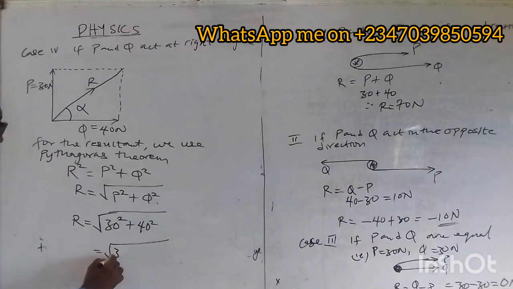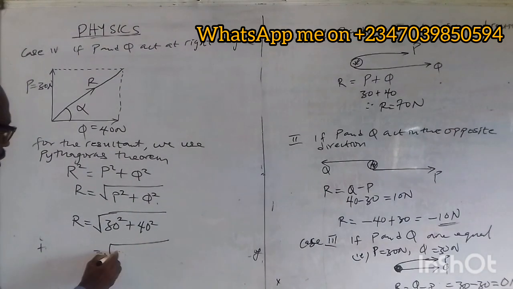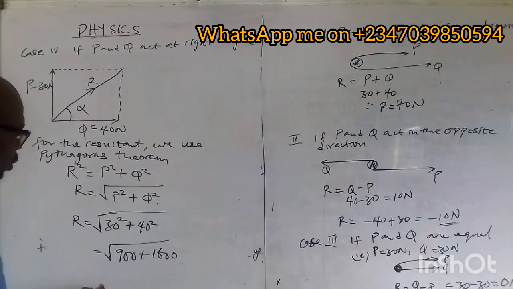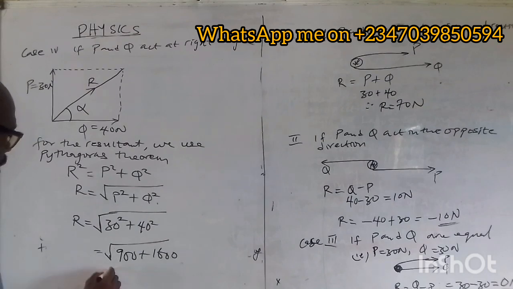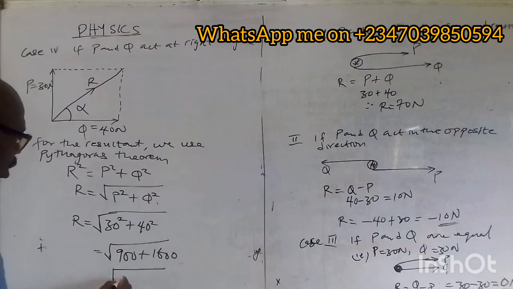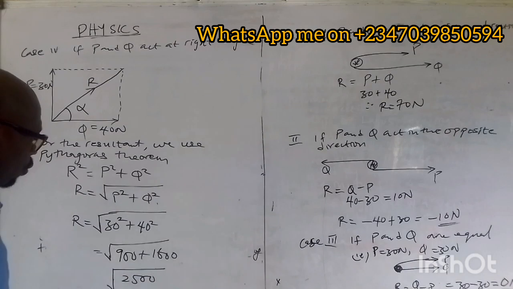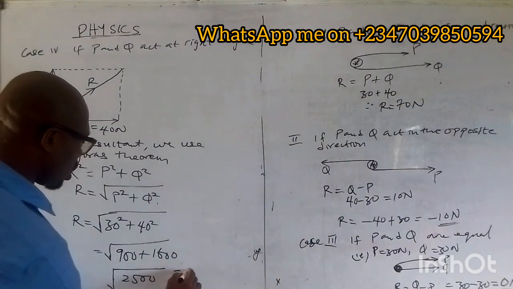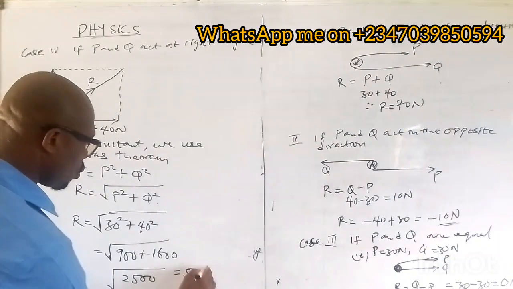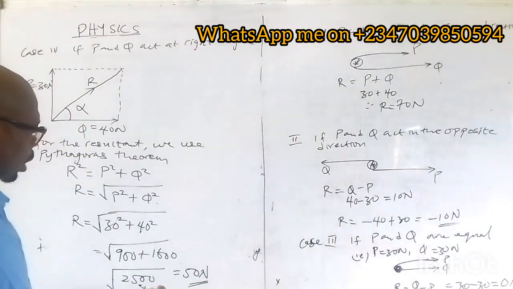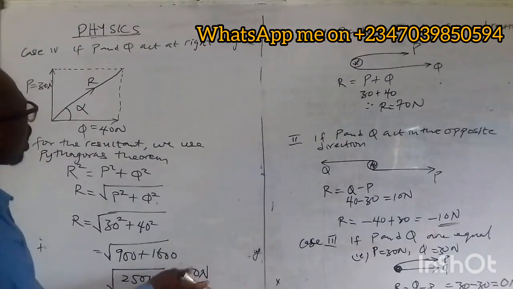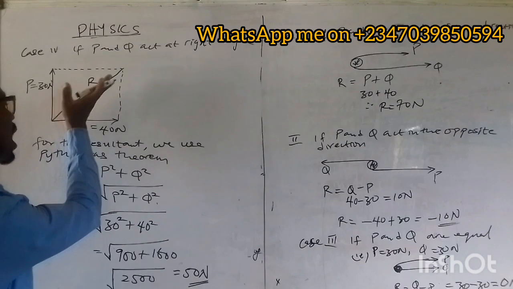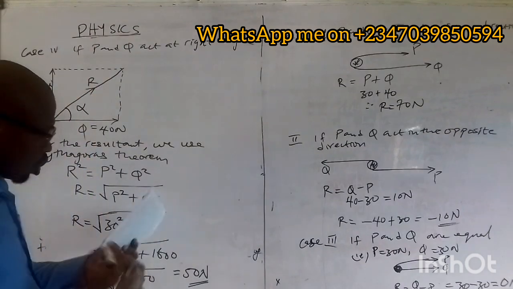Square of 30 is 900. 900 plus 1,600 gives us 2,500. And the square root of 2,500 is 50 Newton. Therefore, the resultant of the two forces acting at right angle is 50 Newton.